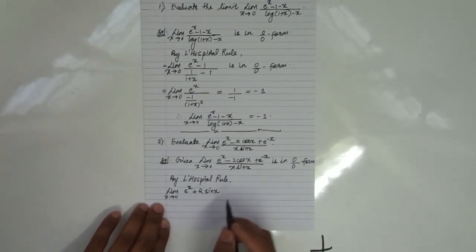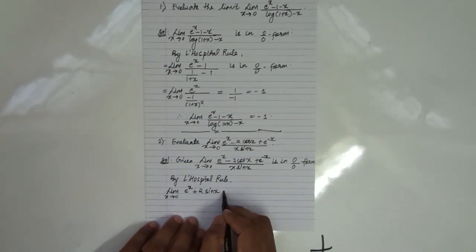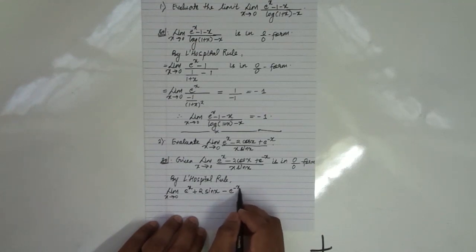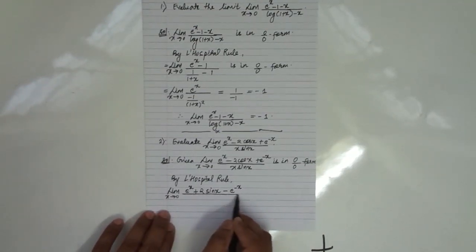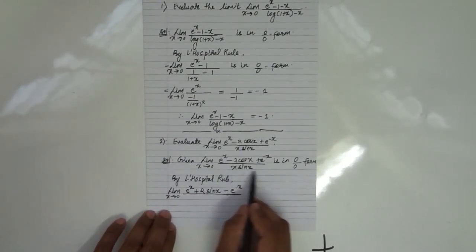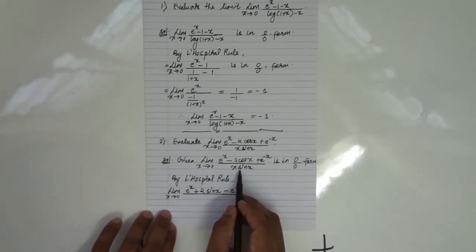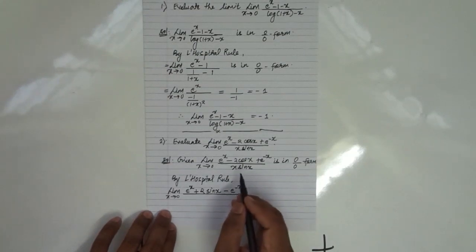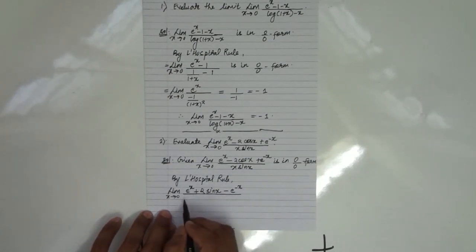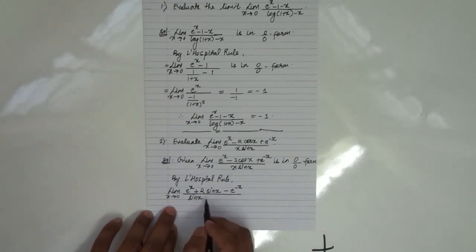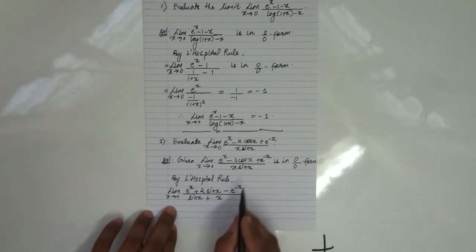So this minus will become plus, and the derivative of e raised to minus x is minus e raised to minus x upon. While differentiating the denominator function, I need to differentiate by using u into v rule. So u into v rule says that I'll keep sin x as it is, and the derivative of x is 1, plus now x as it is, and the derivative of sine is cos x.